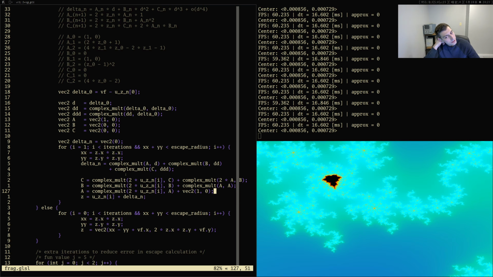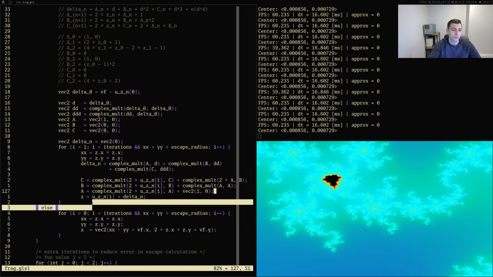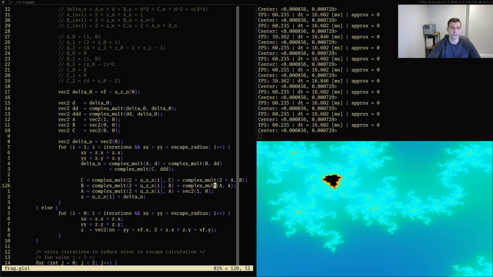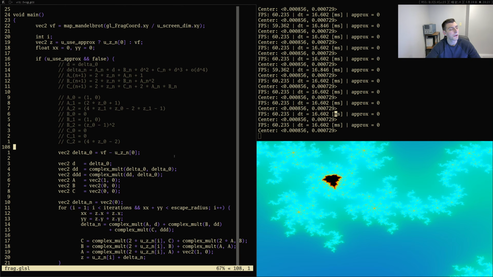Those iterations. And then the use approximation. This is the new use approximation, and it compiles fine, apparently.